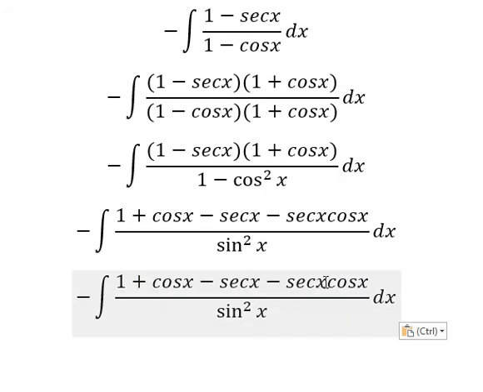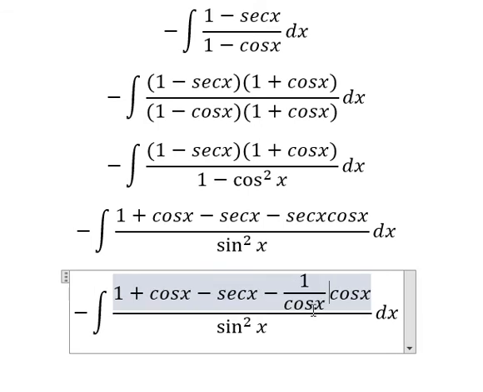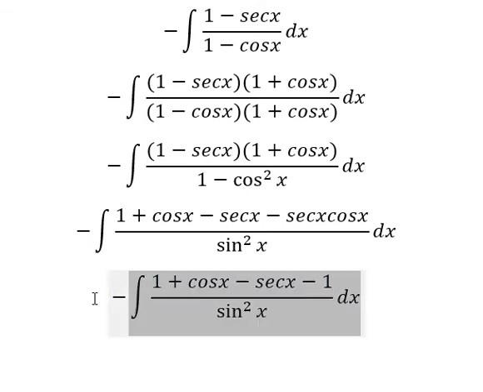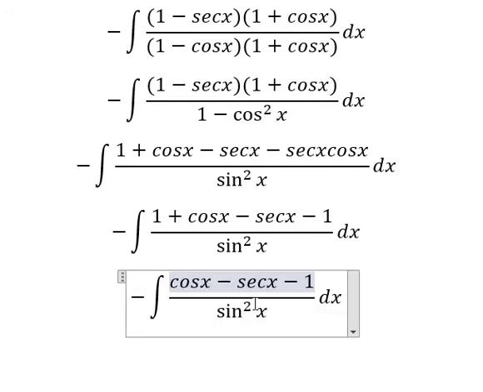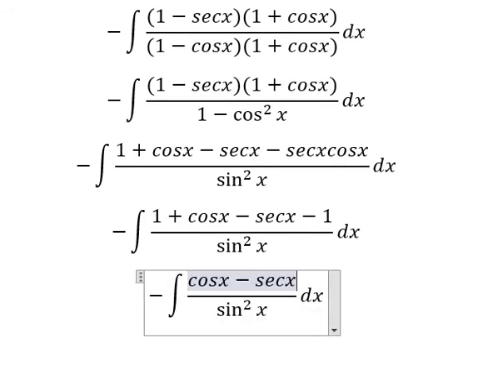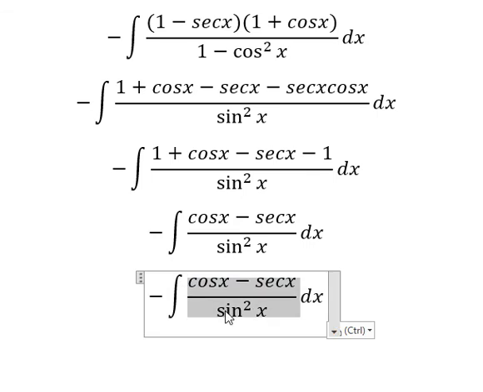Secant of x, that's about 1 over cosine x. Cosine x with cosine x, we simplify and we have negative number 1. 1 minus 1, they cancel. And now we have cosine x divided by this one, secant of x divided by this one.